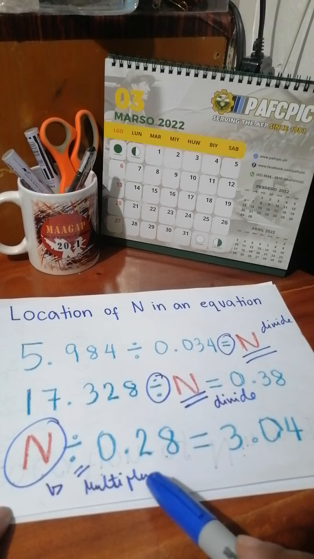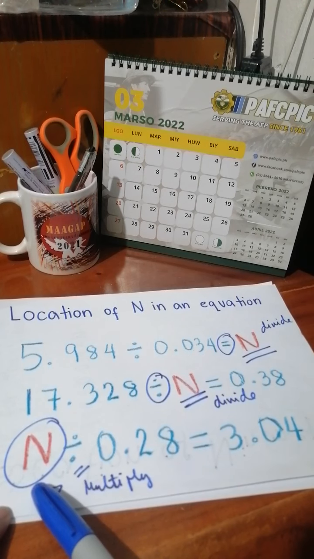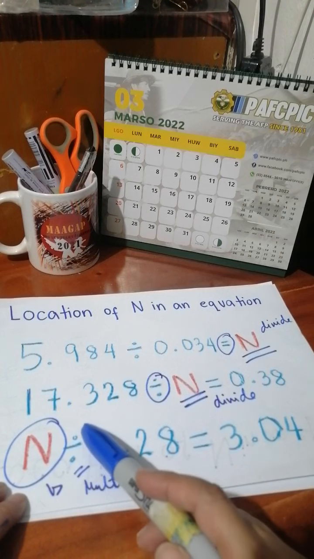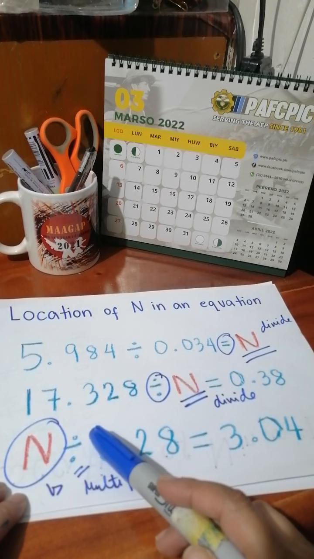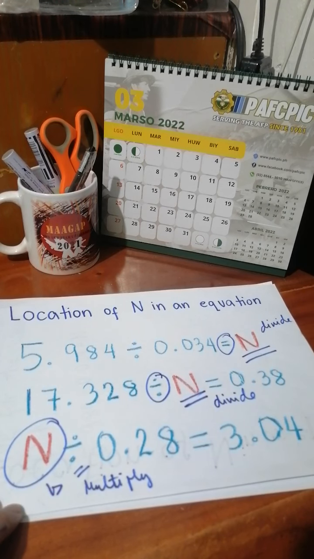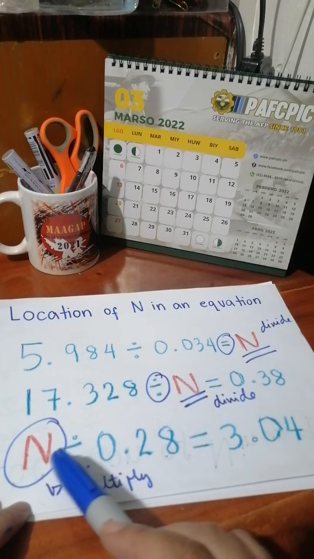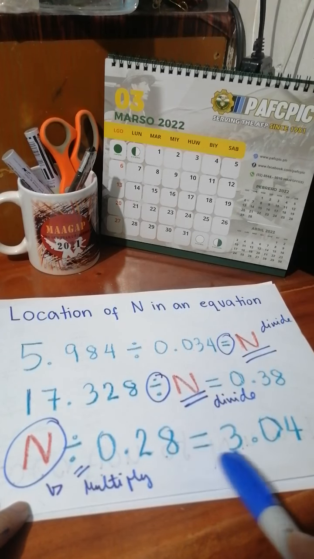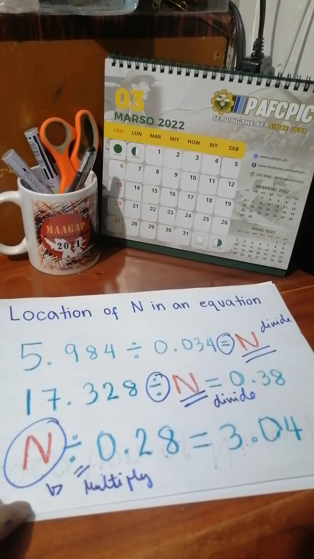Pero, pag yung n ay hinahanap mo ay nasa unahan, to get the value of this n, kahit pa ang division operation ang nandito, hindi ibig sabihin noon na magdi-divide ka. But instead, to get the value of n here, ang gagawin mo, you need to multiply the two given numbers.